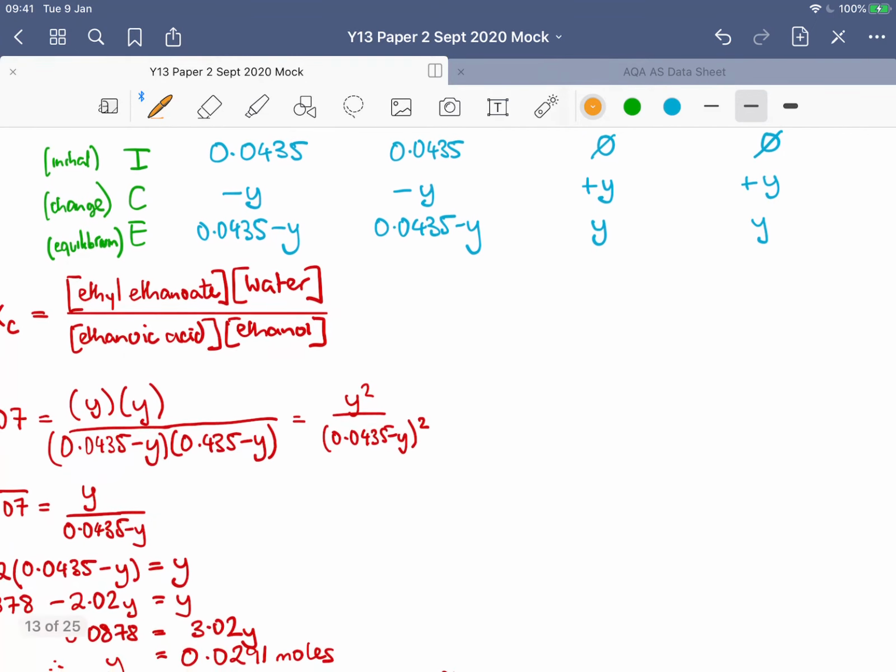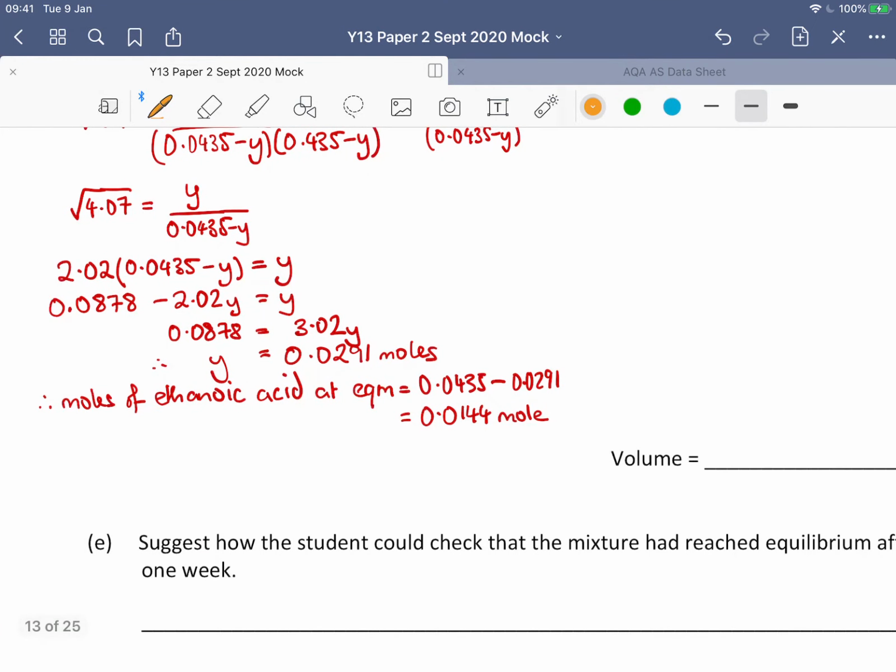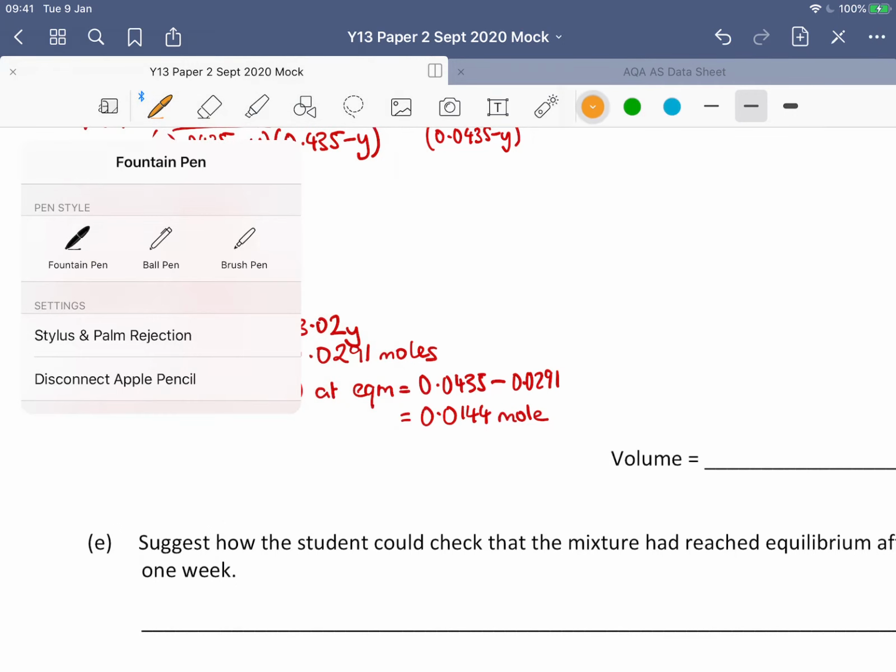So we then need to add what we've got going on here.